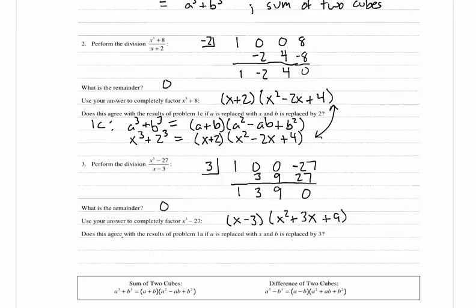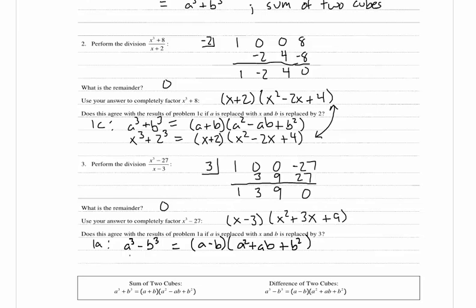And then it asks, does this agree with the results from 1A if a is replaced with x and b is replaced by 3? So in 1A, we had a cubed minus b cubed is equal to a minus b times a squared plus ab plus b squared.